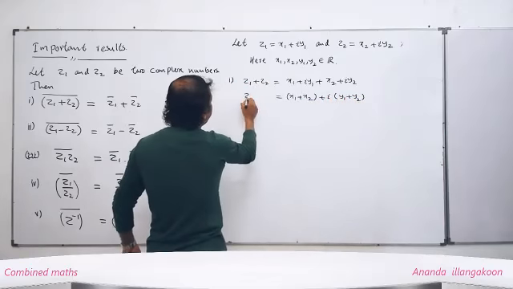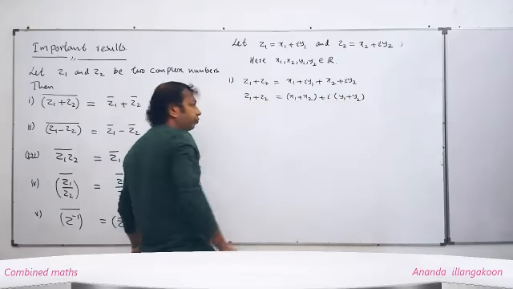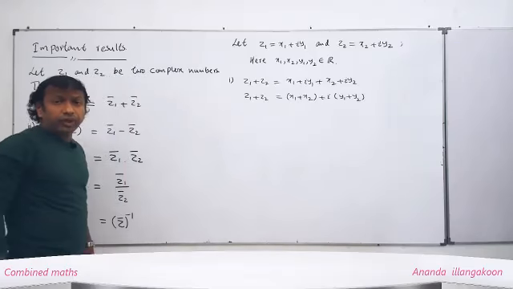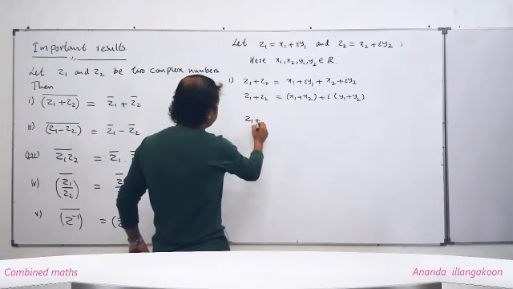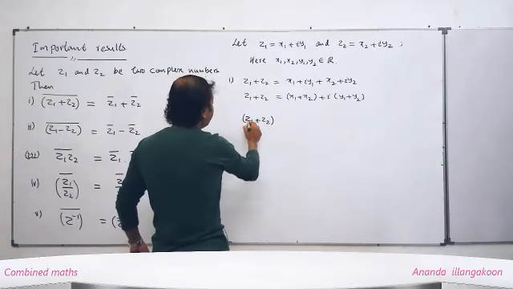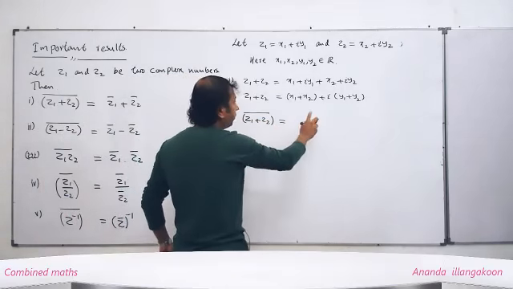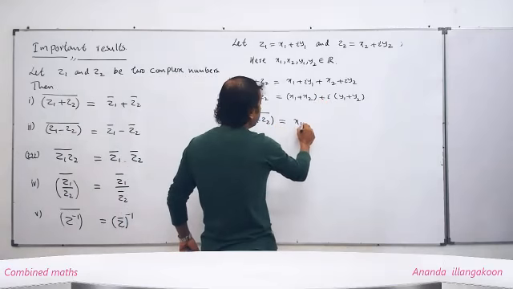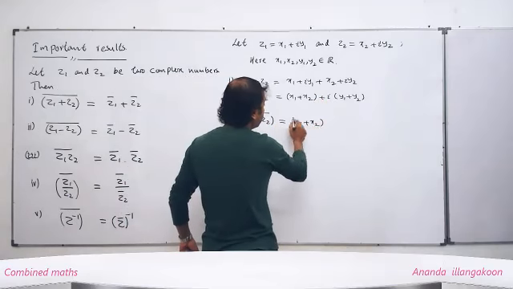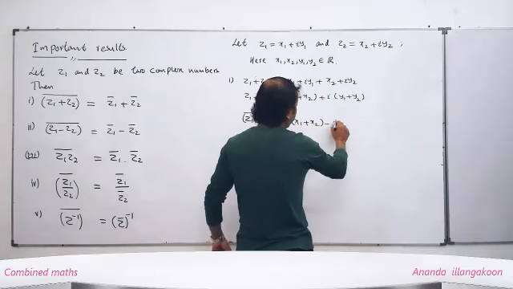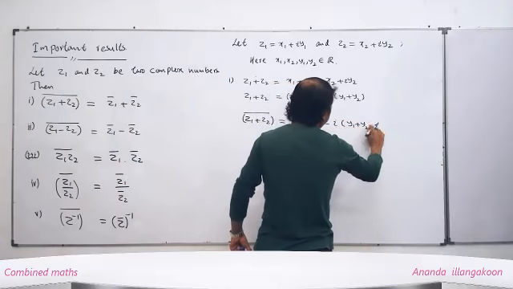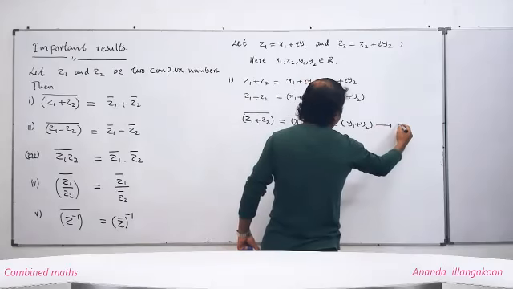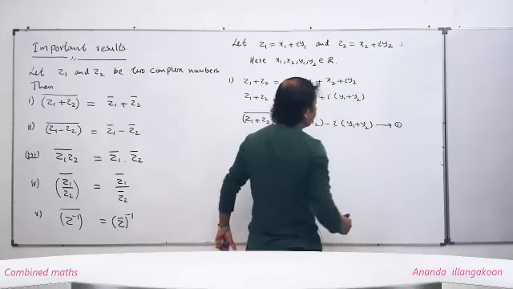This is Z1 plus Z2. Okay. Now we take its conjugate. Its conjugate, people, we can obtain how? By changing the sign here to minus, no? That is how we define the conjugate. Minus i times y1 plus y2. Right? Let this be number 1, people.